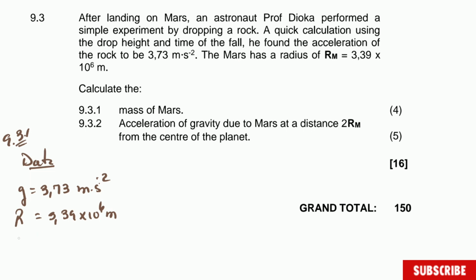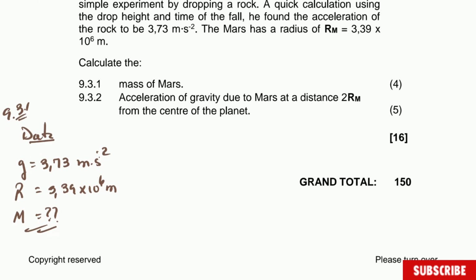And they ask us to calculate the mass of Mars. Okay? That is what they ask us to calculate. So we have acceleration due to gravity, we have the radius, and we are looking for the mass. Now be careful, we are not looking for the mass of the rock, we're looking for the mass of Mars. So make sure you don't get confused.